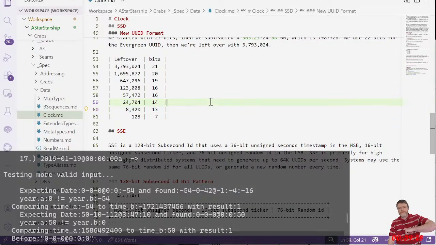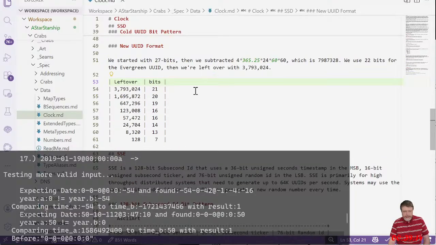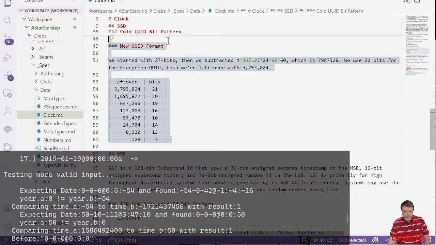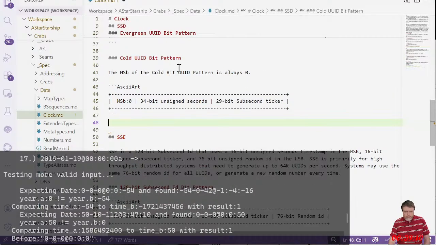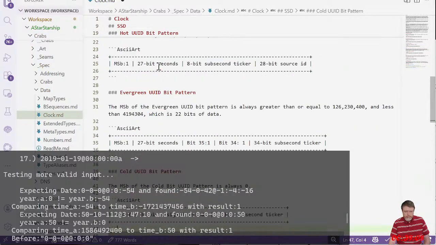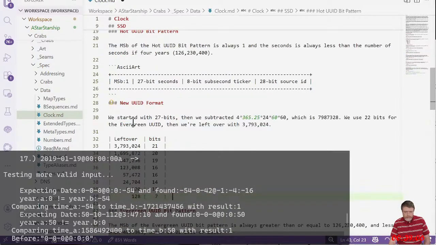Gotcha. All right. That's it. This is our bit pattern. So this will allow us to break up our IDs into plus the evergreen bit pattern. We'll have, maybe I'll just add this. Evergreen.